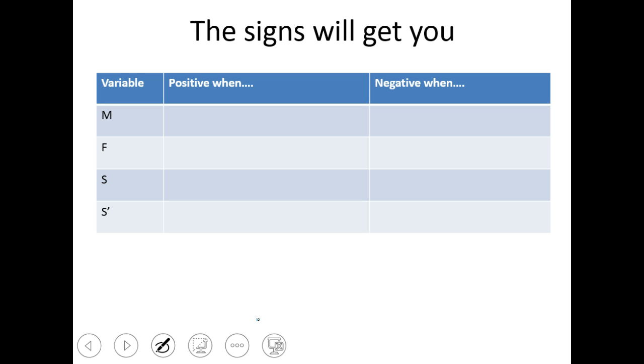So, just like in Physics 111, we said if an object is moving to the left, then its velocity is negative. And if an object is moving to the right, then its velocity was positive. There was that sign convention that really informed a lot of our equations.